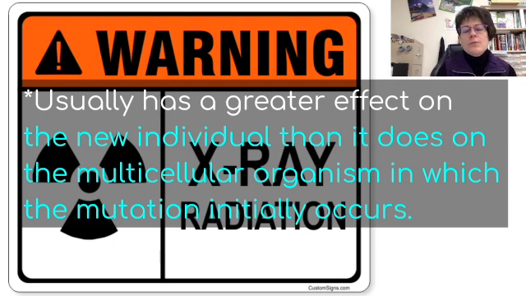Also, there are generally warnings that if you are pregnant to let the X-ray technician know, and this is so they can take extra precautions so that they don't produce a somatic mutation in the child that you are carrying. Okay.